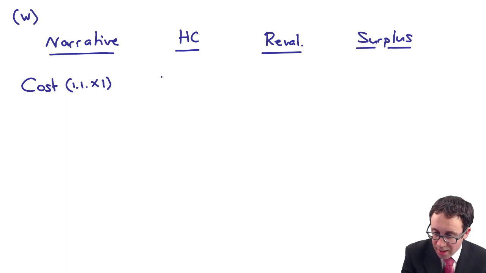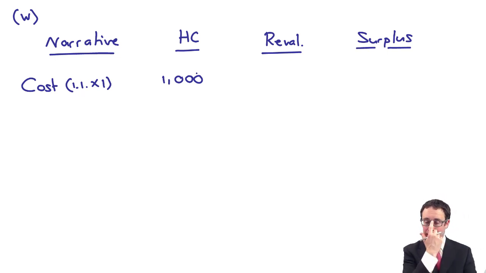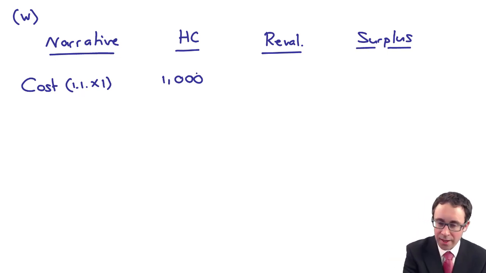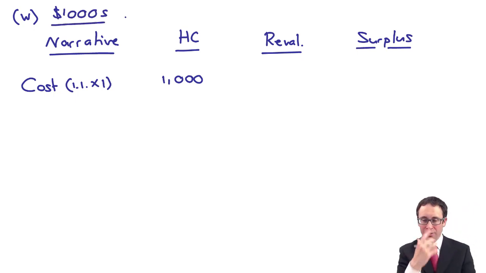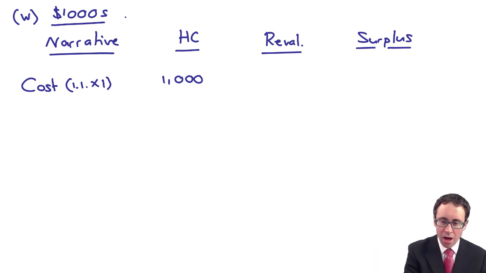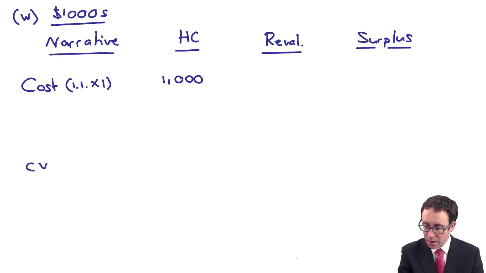Was that there at 1 million? So we'll work in thousands. I think the answer in the back works in full dollars, but I've not got enough space. We then need to go through there, don't we, and depreciate it down to its carrying value.